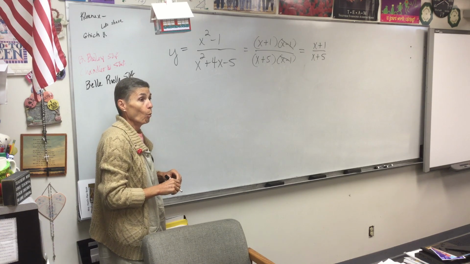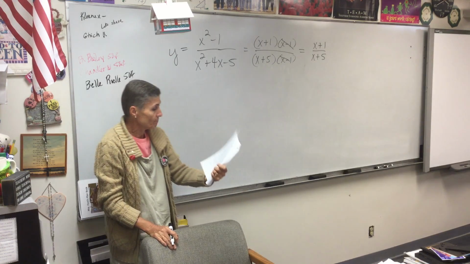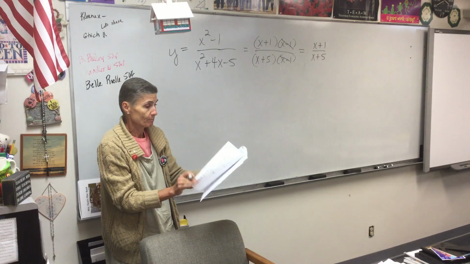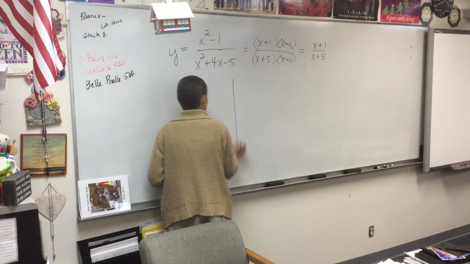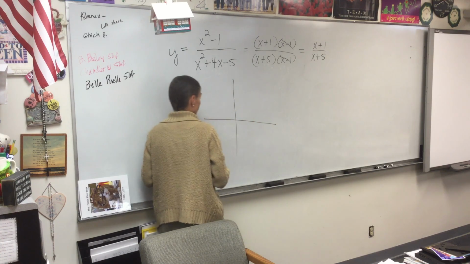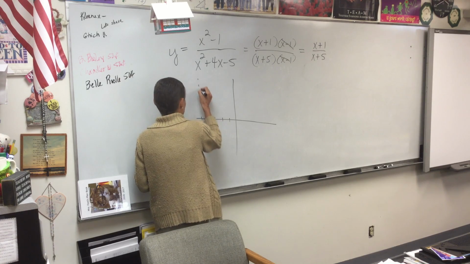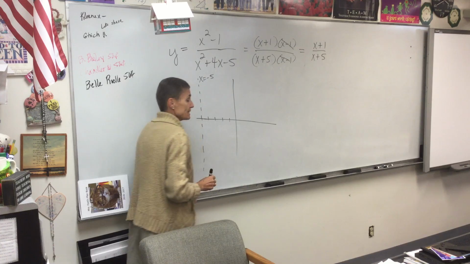So I have 1 vertical asymptote. My job in this problem was to find the vertical asymptote and graph them. My vertical asymptote is where x equals -5. So you simply draw that on your paper. You don't need to draw anything else.